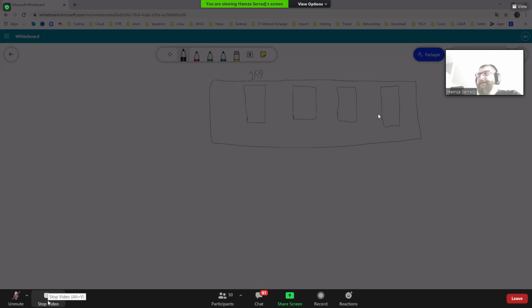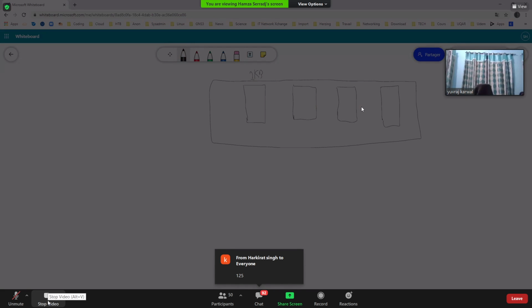So what is the capacity of this memory? Seriously? I have 1 kilobyte per memory bank, and I have 4 times that memory bank. So I will end up with 4 kilobytes. That's it. So this chip is 4 kilobytes.